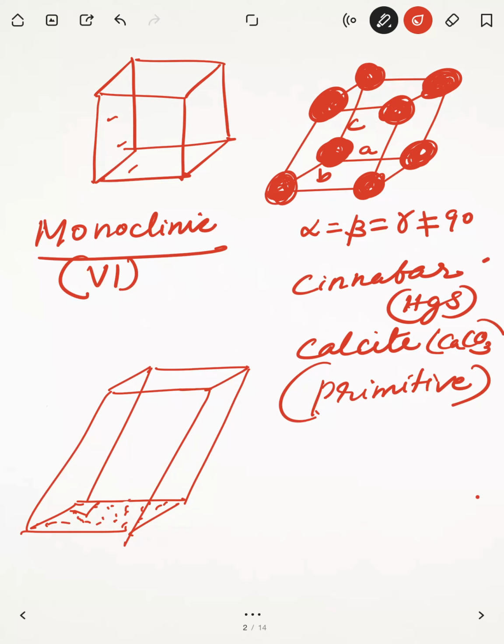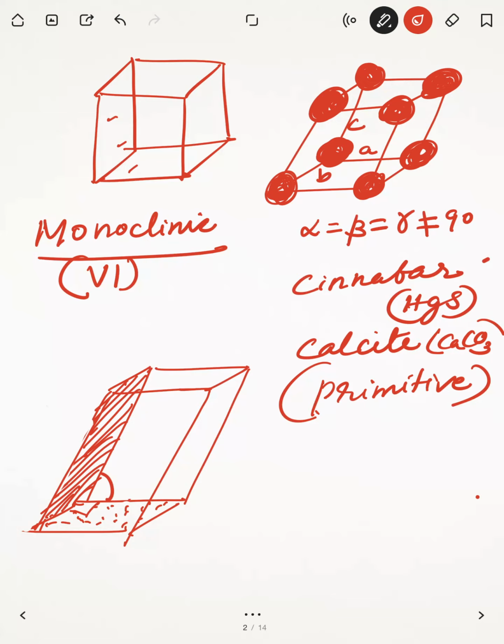But this dashed area has gone to the right hand side. So this angle changed.